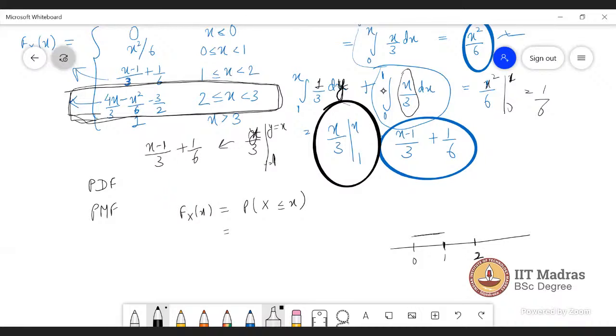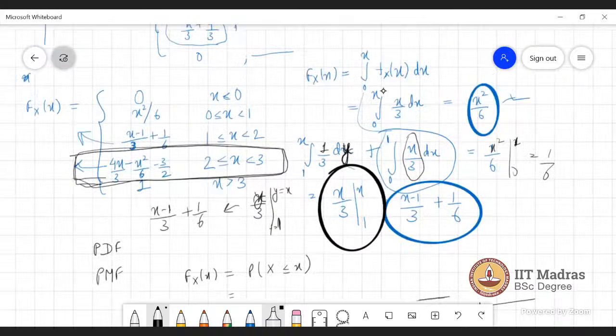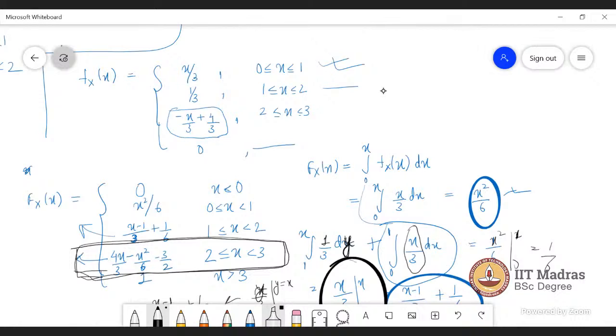Okay, but my question, I'm sorry, I could not follow. For the previous one, for x square by 6, we are calculating for the range 0 to 1, right? We integrated and calculated for 0 to 1, and that's how we got x square by 6. For the second one, now what I understood is we need to add the previous probability, which is 1 by 6, integrated from 0 to 1.